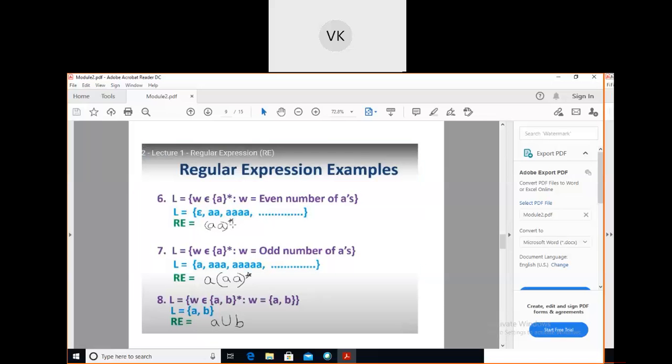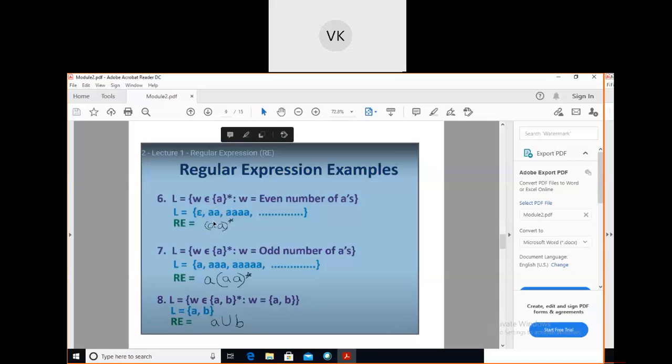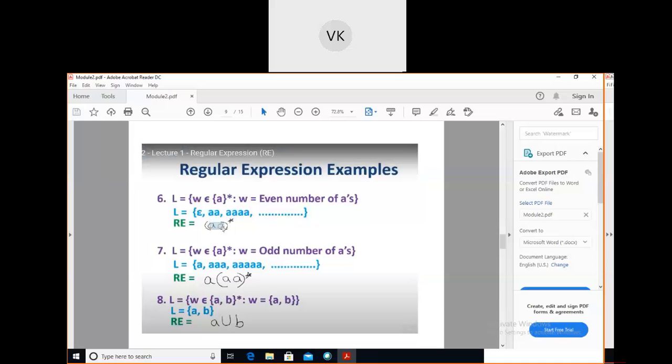Here I have written 2 times A in the bracket, and then made the whole raised to star.